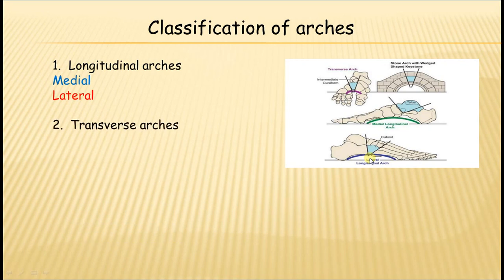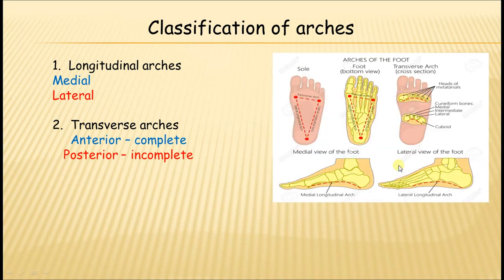Then we also have transverse arches. So the anterior part is actually complete, but more anteriorly, if you come to the head of the metatarsals, there is no arch at all, because the heads of the metatarsals rest on the ground.